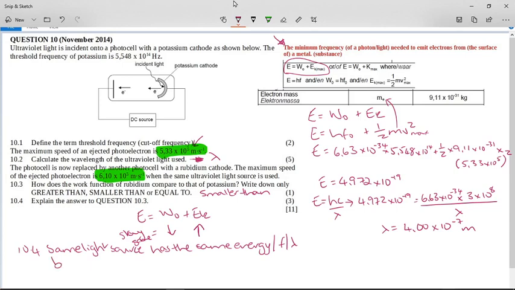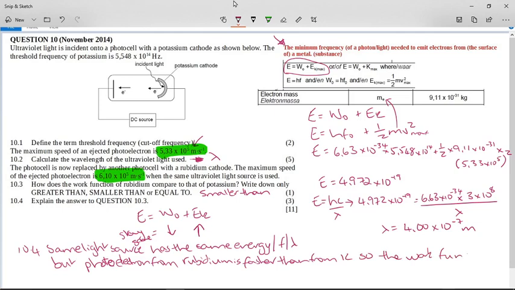But the photoelectron, you must say which photoelectron, the photoelectron from rubidium is faster than from potassium, so the work function of rubidium must be less than that of potassium. There we go, and we are done with this question.